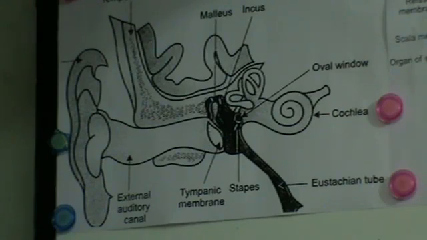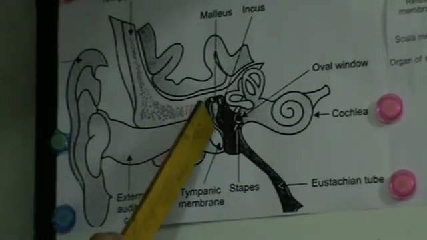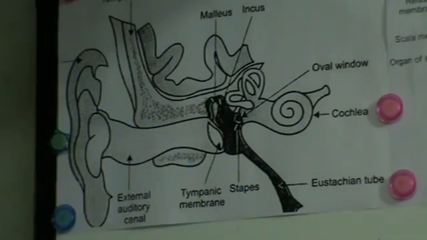The auditory canal finally ends at a thin, delicate membranous diaphragm, which is called the tympanic membrane, the tympanum or the eardrum.